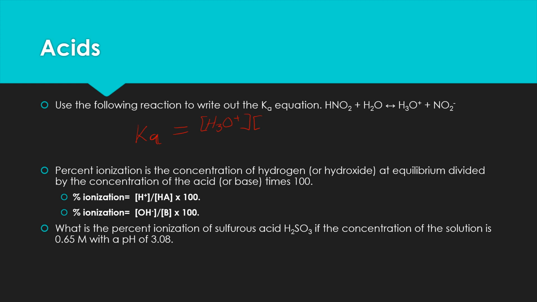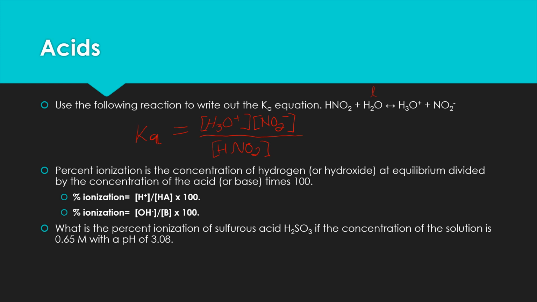Again, those are interchangeable. NO2 minus, those would both be aqueous, which is why we would include them. Our acid would be on the bottom, the HNO2, and again, aqueous, so that's why we include it. Now, water is a liquid, so we do not include that in our expression. So there is our equilibrium expression.